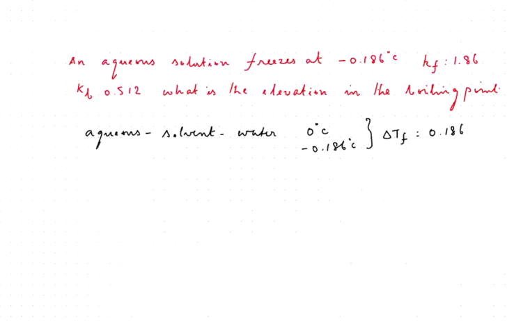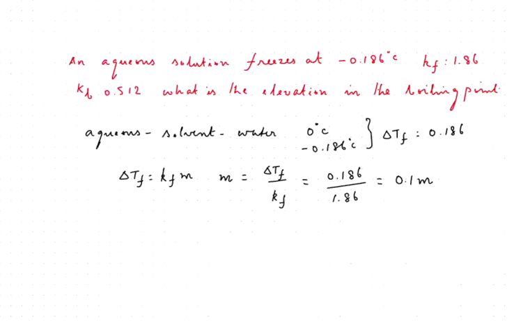What is the concentration? So delta TF is equal to Kf into molality. The molality is not known. So the molality, the concentration of the solution, is delta TF divided by Kf, which is 0.186 divided by 1.86. Therefore, the molality is 0.1 molal.